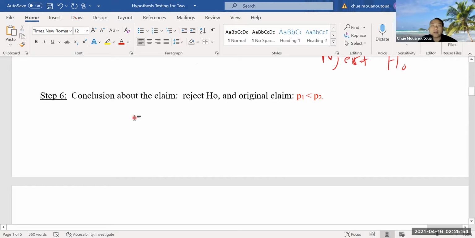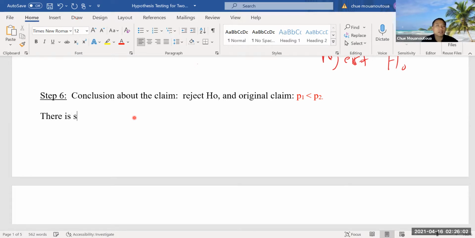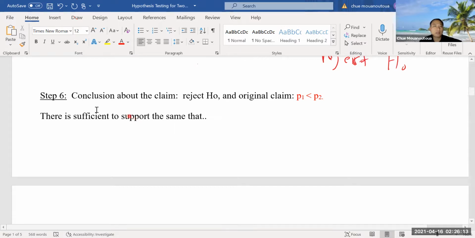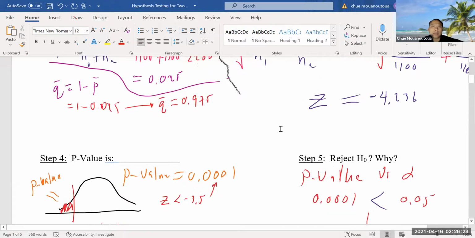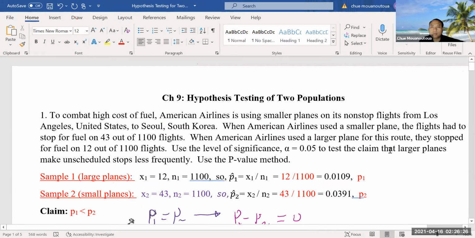Based on that wording, you're gonna say there is sufficient evidence to support the claim that, whatever the claim is, so I insert the claim that larger planes stop less frequently.